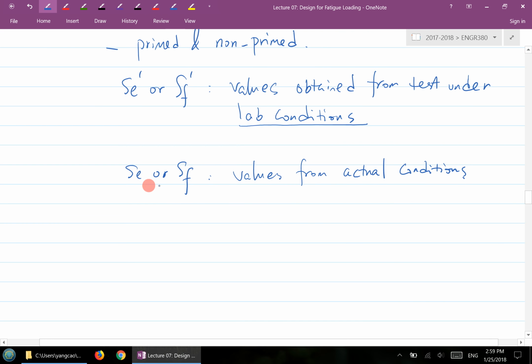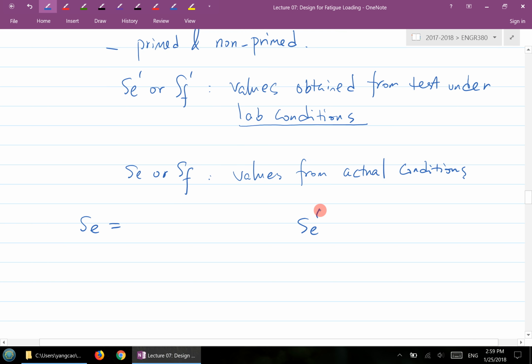We need to obtain these two. How do we obtain them? We cannot run an experiment for one particular external condition and then another for another external condition. That's impossible. So we obtain our Se from Se prime.